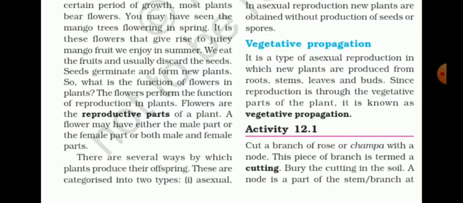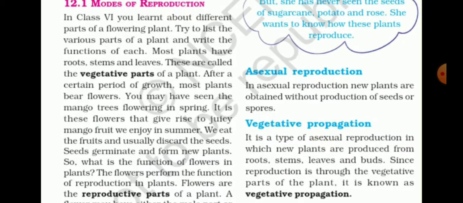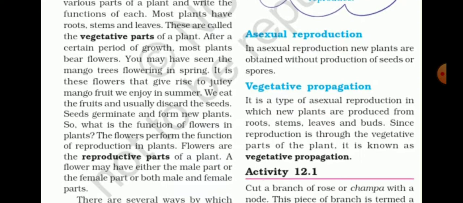A flower may have either the male part or the female part or both male and female parts. Okay, listen. Vegetative parts and reproductive parts. Plants have roots, stems and leaves as the vegetative parts. Then the reproductive parts are flowers.